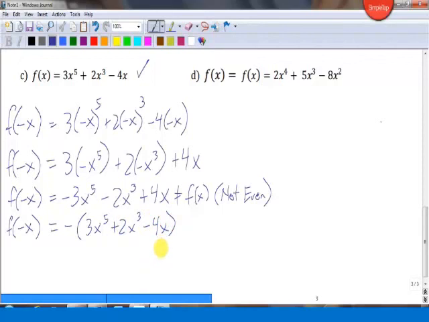And then look on the inside of the parentheses, cover up the minus. There we go. And what's inside the parentheses, if that's identical to the original, then we're looking at an odd function here. F of negative x equals the opposite of f of x. Therefore, f is odd.